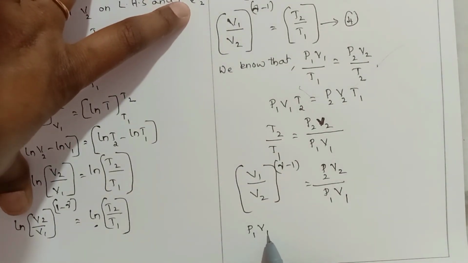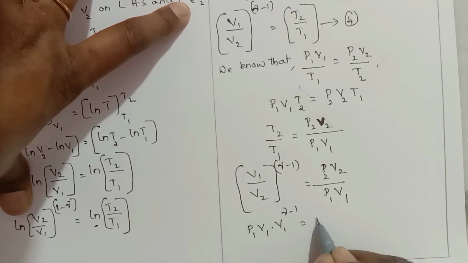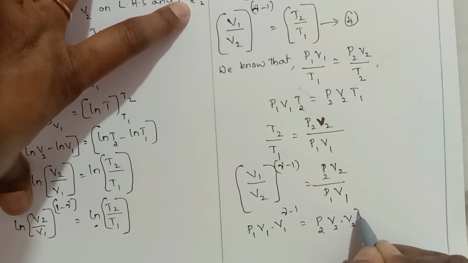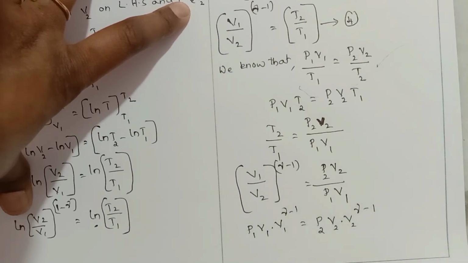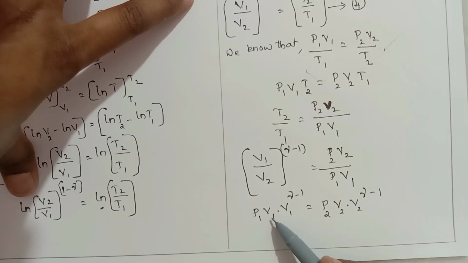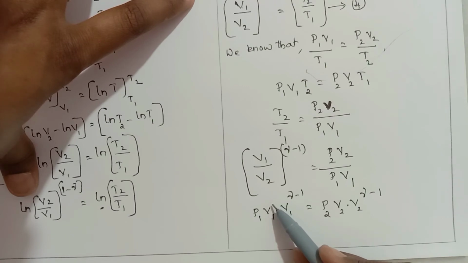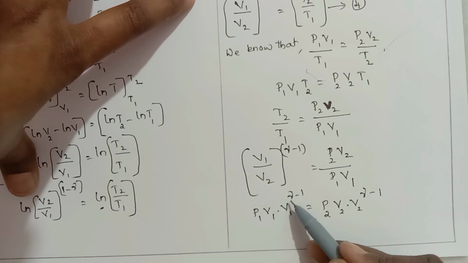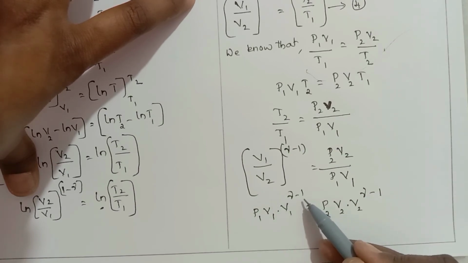Here there is a V1, and nothing is written as its power. What is the meaning? It is to the power 1.